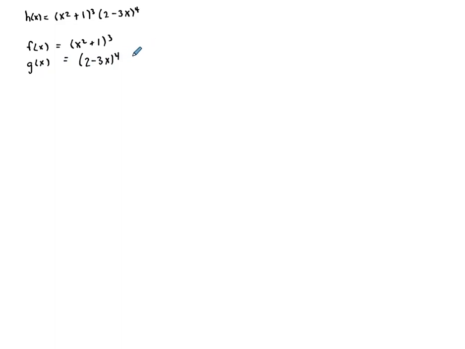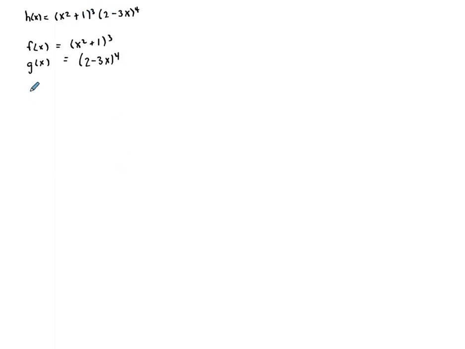So in the product rule, recall that we are going to take this function and multiply it by the derivative of this function, and then add the derivative of this function multiplied by this function.